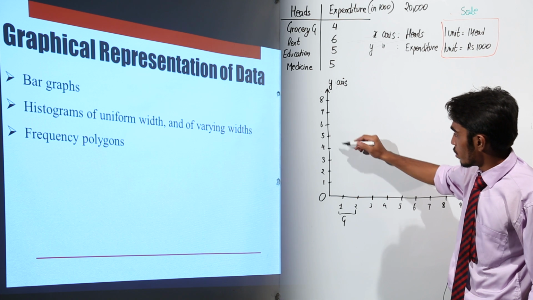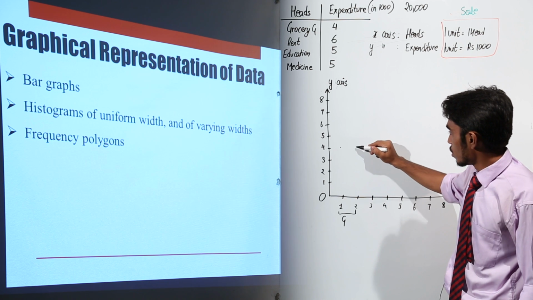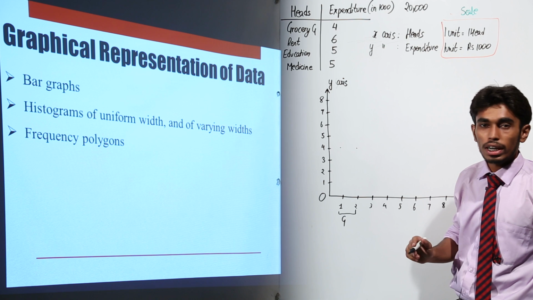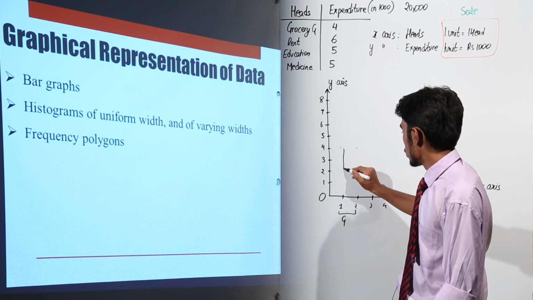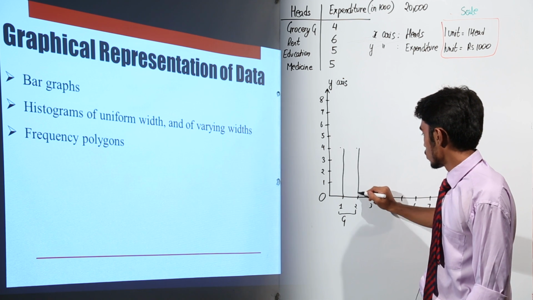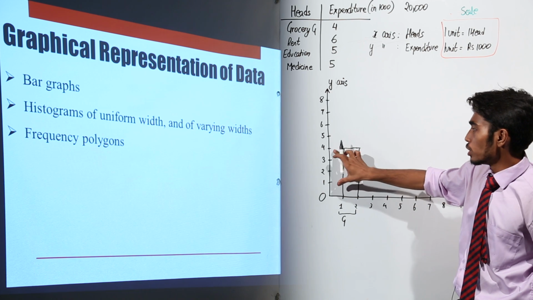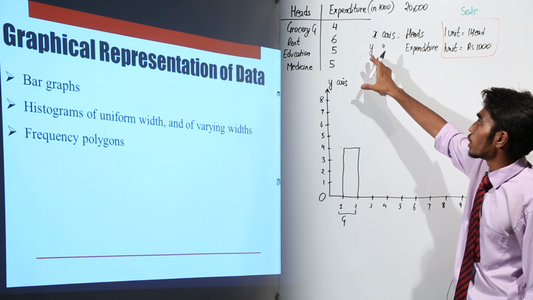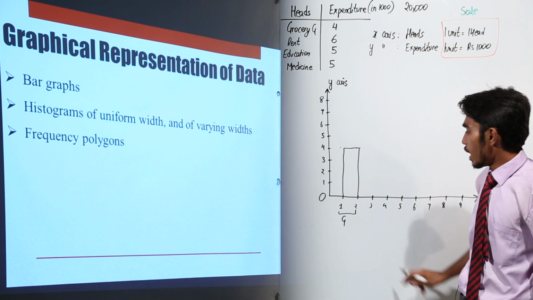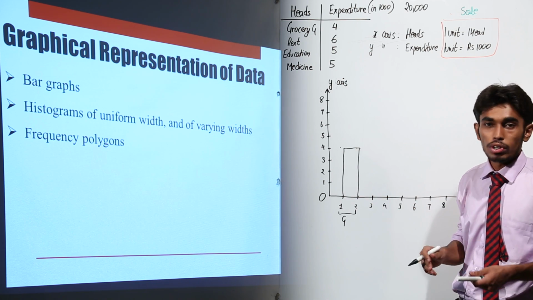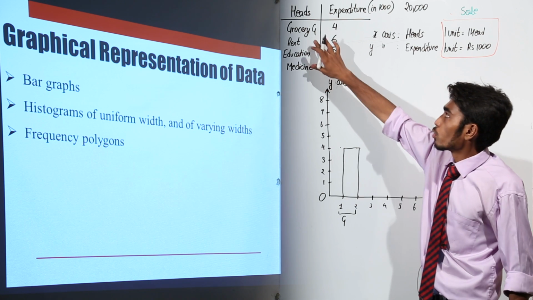So this is 4, right? Now what we need to do is draw a rectangle. So let me draw the rectangle. The height of the rectangle is equal to the expenditure that the family is making on grocery items, right? And the width of the rectangle is equal to 1 unit, corresponding to the grocery head, right?